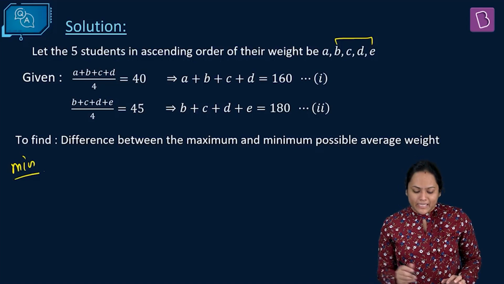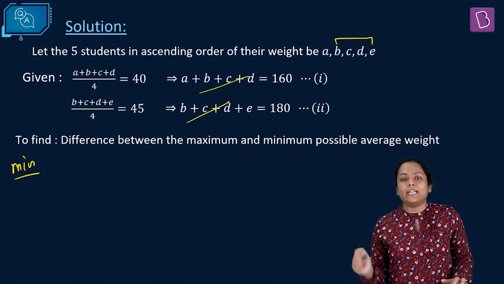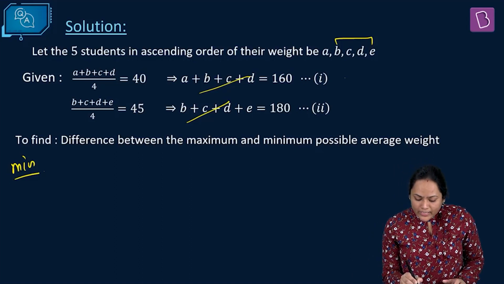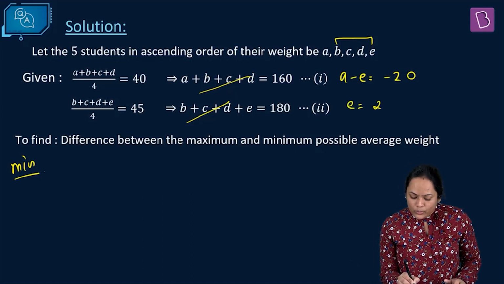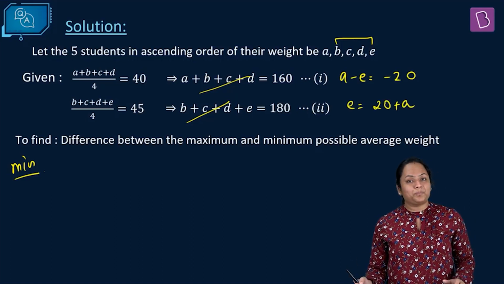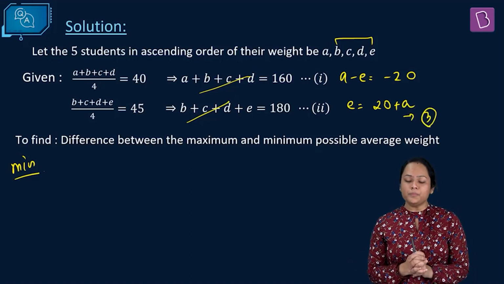So, B, C, D are the same in both, right? When I subtract these two, they will definitely get cancelled out. So I'm going to get A minus E is equal to minus 20, or I can say that E is equal to 20 plus A. This, let us say, is my third relation. Clear? Okay.